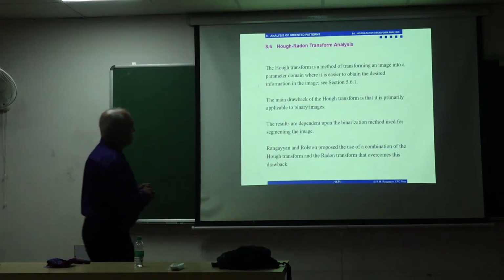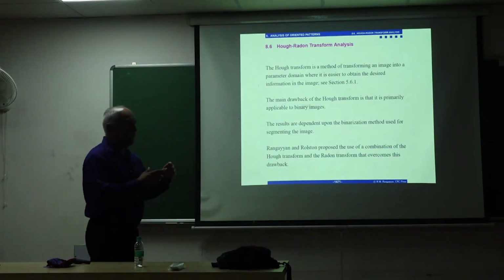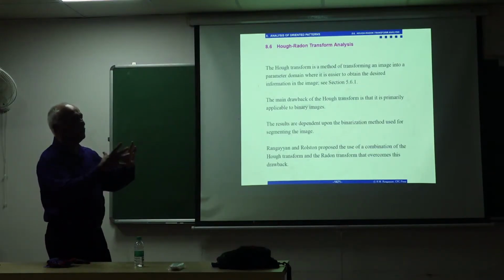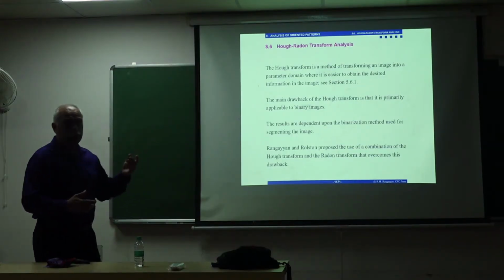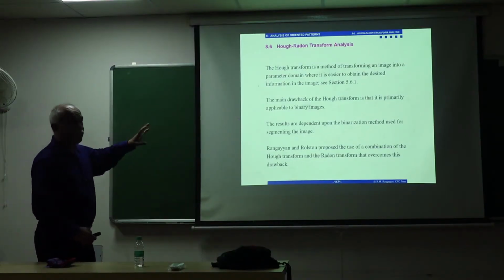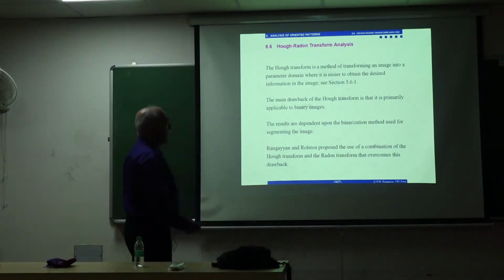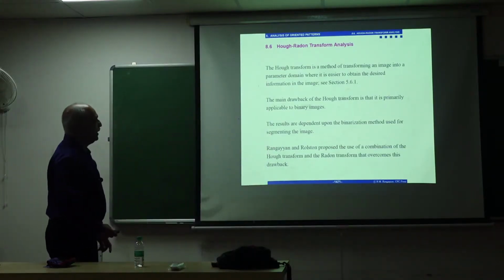My master's student, William Ralston, came up with this transformation and came up with this implementation of the two transforms together. We have done some other work also for the detection of the pectoral muscle and the nipple using such transformations later. But Ralston wrote this paper on combining the Hough transform with the Radon transform.